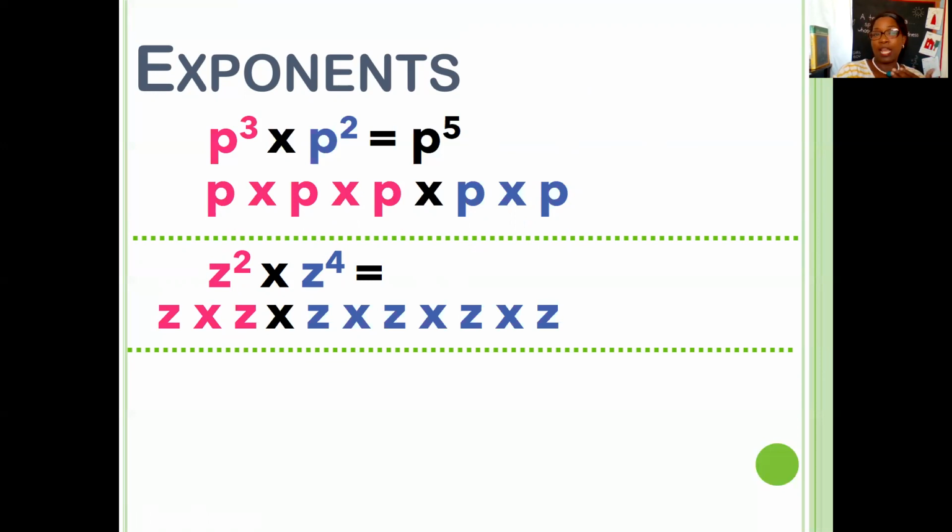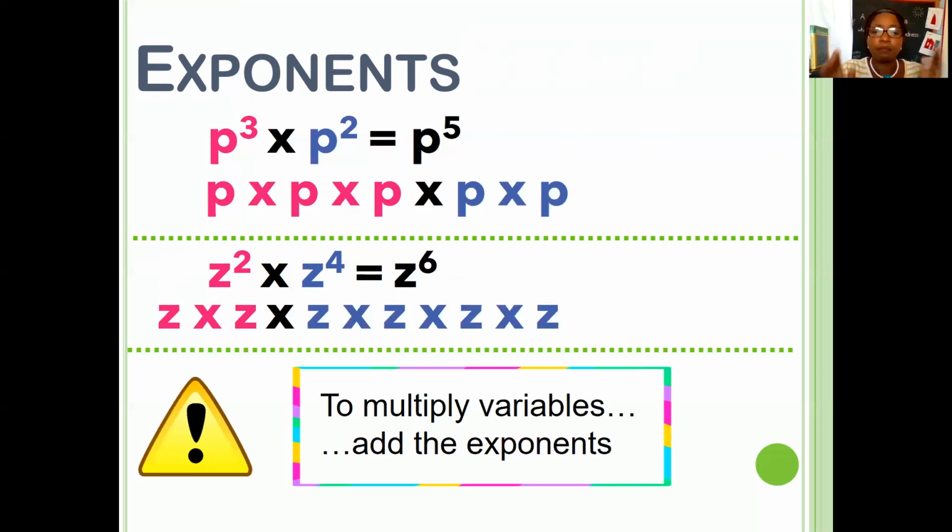So Z squared is in that hot pink. I'm feeling the summer coming. And then you have Z times Z. And then we have Z to the 4th power. And of course, we have our 4 Z's there with multiplication. Now, how many Z's would that be in that mathematical statement connected purely by multiplication? Z to the 6th power.